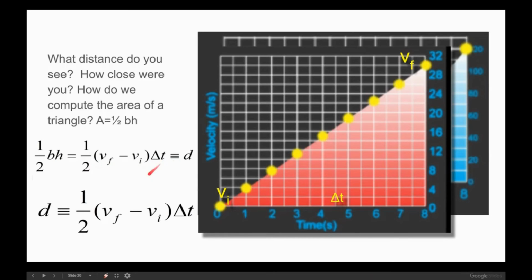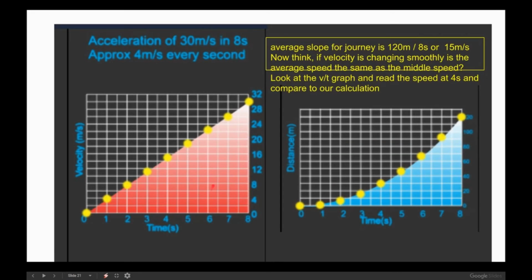So distance is going to be base times height divided by 2. Base, 8. Height, 30. Divided by 2. It's 120. Bang on.